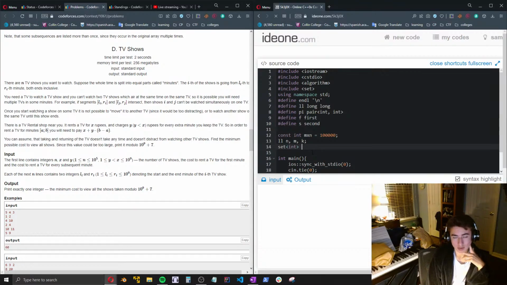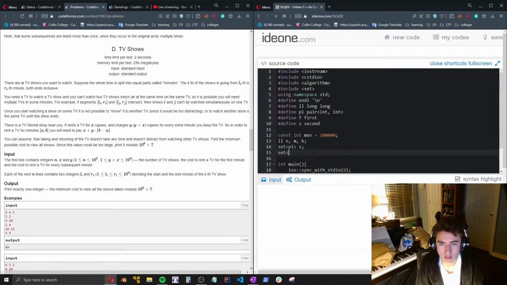Can we just use a segment tree? It's easier to use a set. We could do some segment tree thing, but this is easier. Let's call this set.